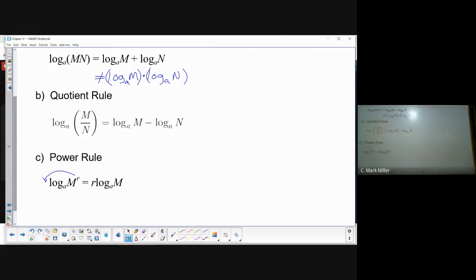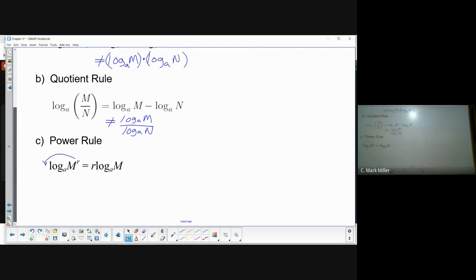Similarly, the log of a quotient does not equal the quotient of the logs. It turns out this equals something else. We'll get to that. But the log of a quotient is the difference of the logs.